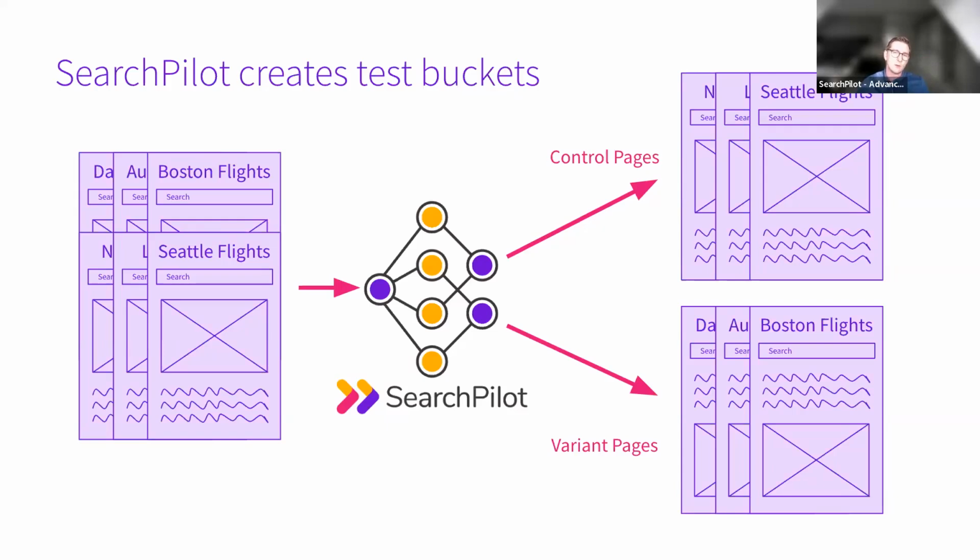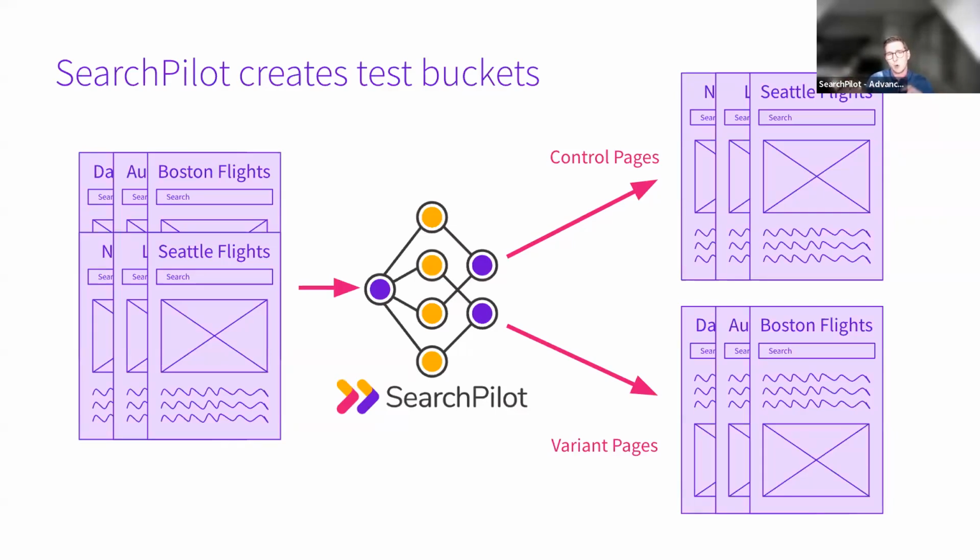So what we're trying to do is create 2 buckets of pages that have a similar level of traffic and are statistically similar to each other. So what I mean by that is, we don't want the control pages to have 1 million sessions a month and the variant pages to have 10,000 sessions a month, because that's an unfair distribution of traffic.